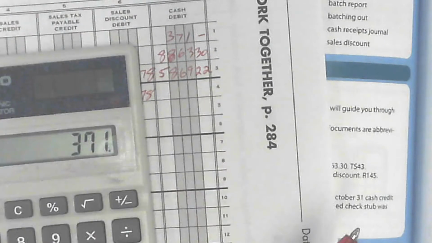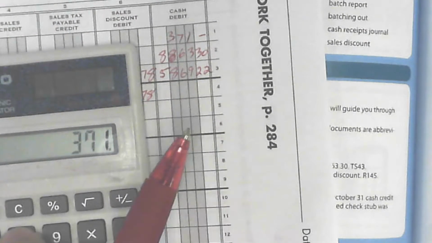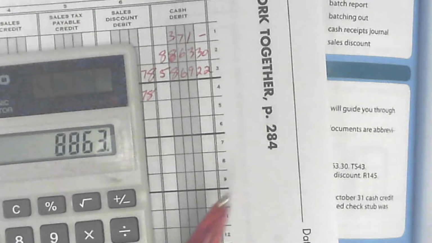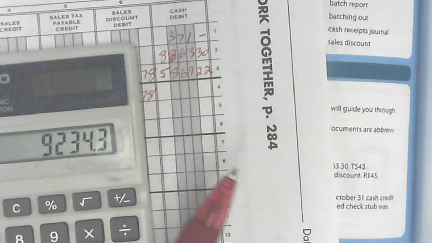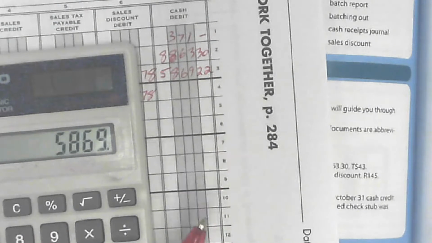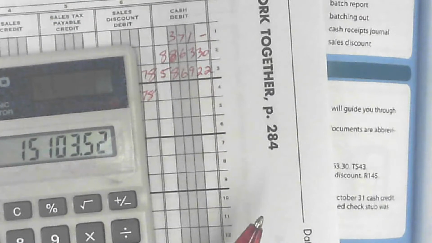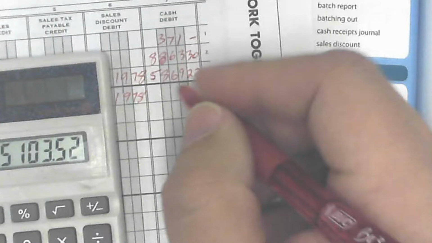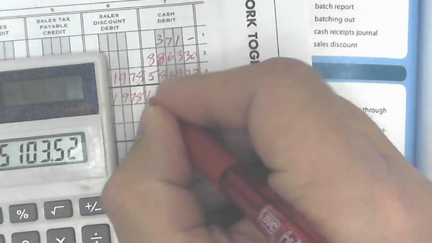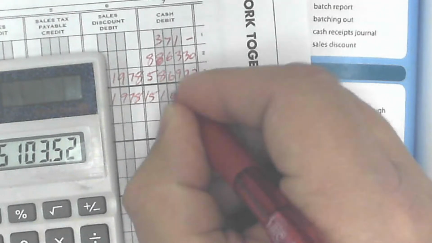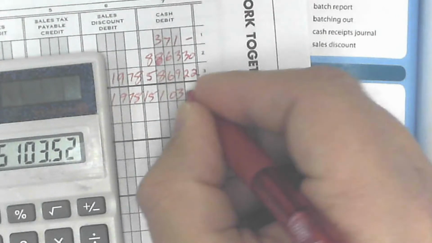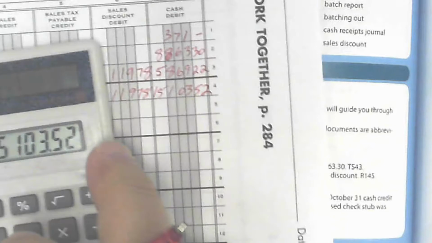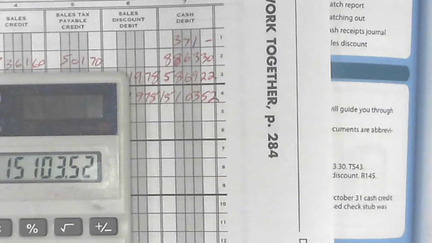371 plus 63. So our cash debit total came to $15,103.52.